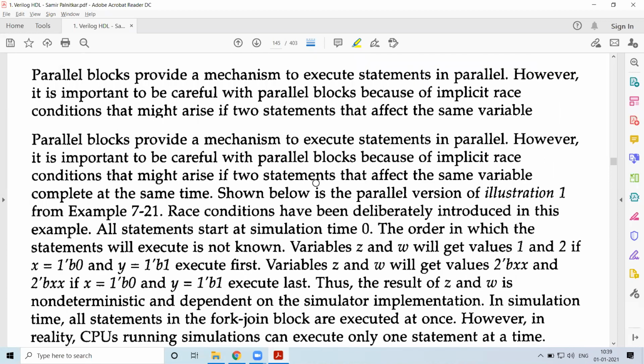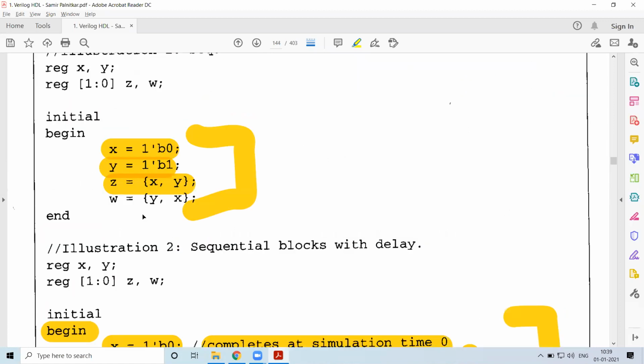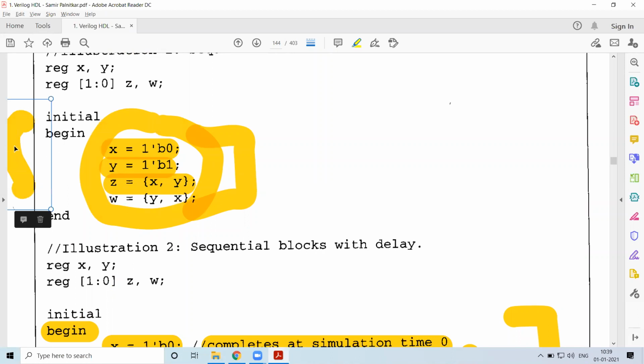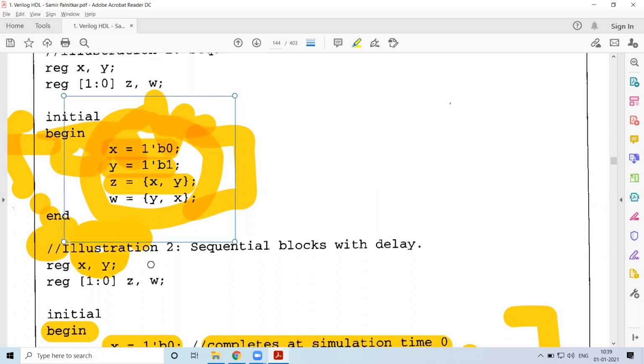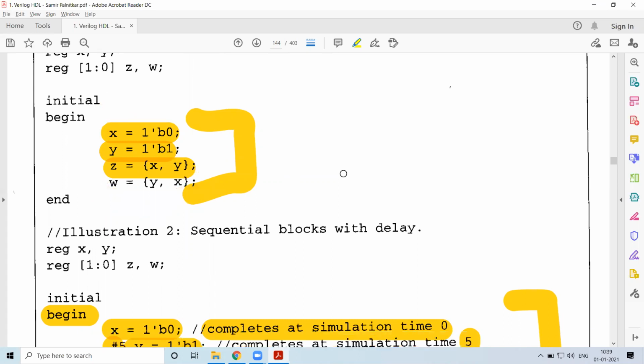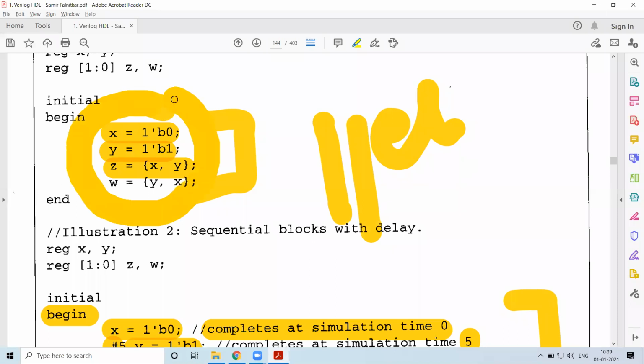So in this example, if I don't specify delay, and instead of begin I use fork and join, that is, I make this entire block parallel, then since no delays are specified, I am not assured which one will start its execution or which one will complete, because it is totally dependent on the simulator, on the system you are using.